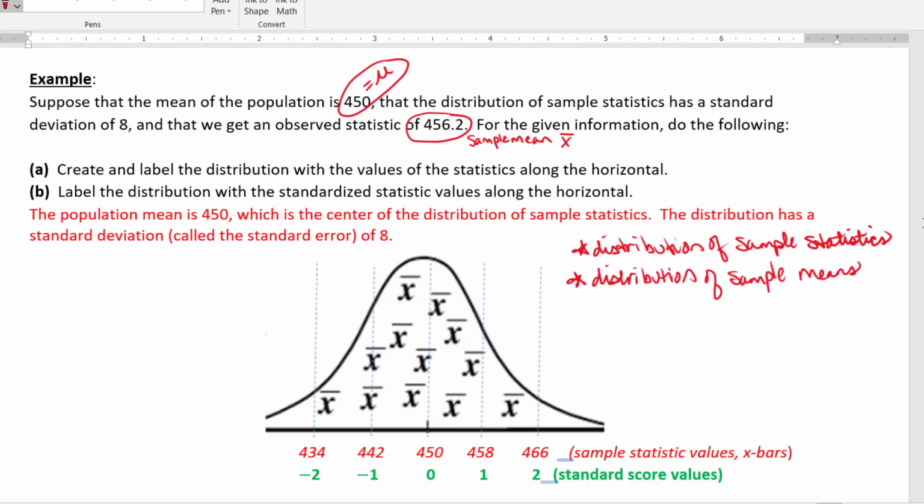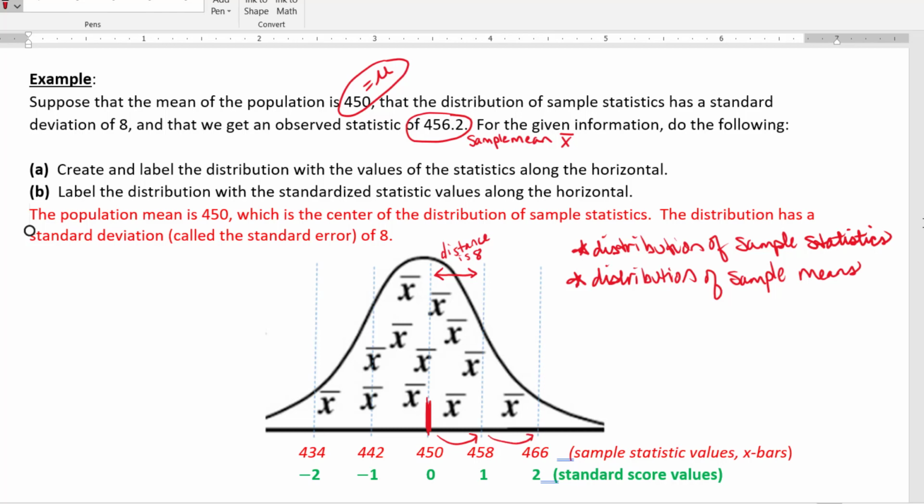We notice that the distribution of sample statistics has a standard error of 8, meaning the distance between each of these vertical lines is 8 units. So the center of the distribution is 450, which is the population mean. And then if you increase 8 units, you're up to 458. Increase another 8 units, you're up to 466.